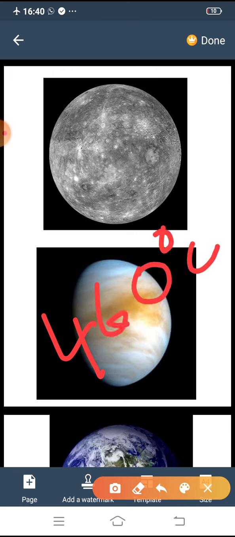The greenhouse effect means that the CO2 becomes high.